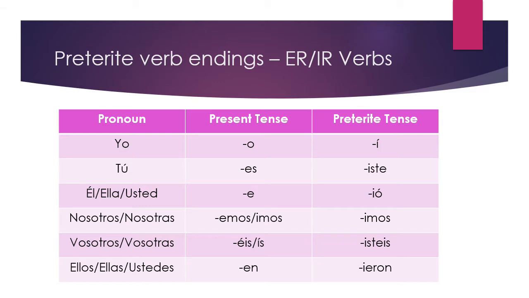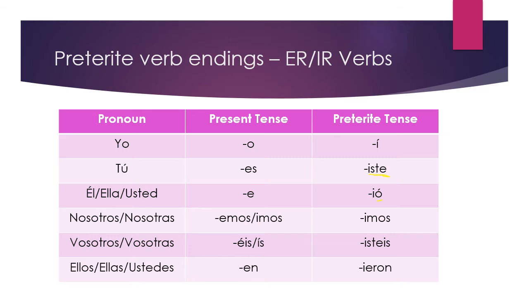I bet that you'll start to see some similarities between the preterite endings for er and ir verbs and the preterite endings for ar verbs. Specifically, the ste is the same in aste and iste. There's an o with an accent mark in both ó and ió.